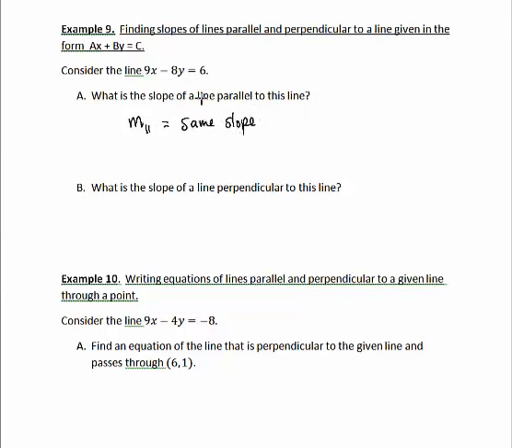Alright, so first we have to know what the slope of this line that we're given is. The easiest way to figure out the slope of this line is to put it in y-intercept or slope-intercept format. Right now it's in the general form. So we take 9x minus 8y equals 6, and we get the y by itself.